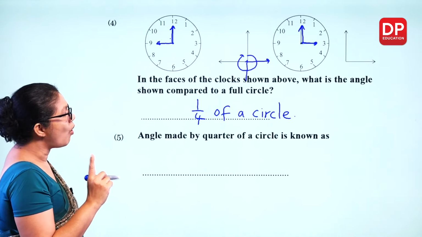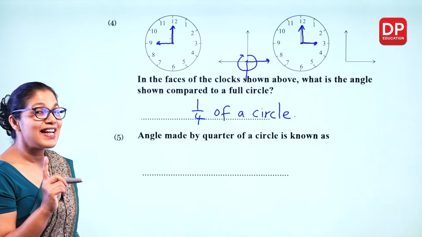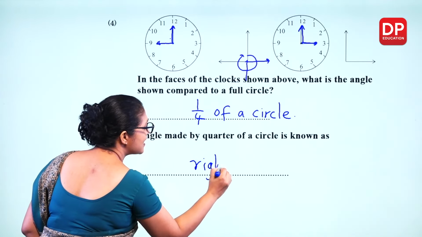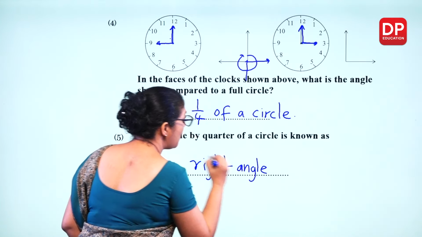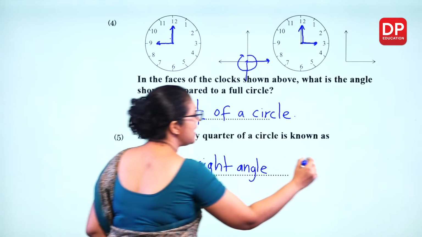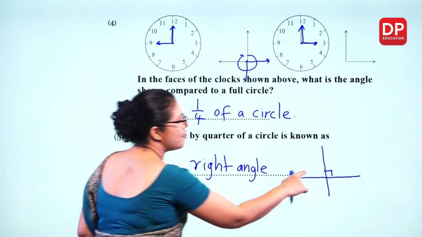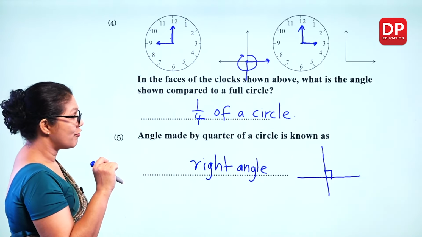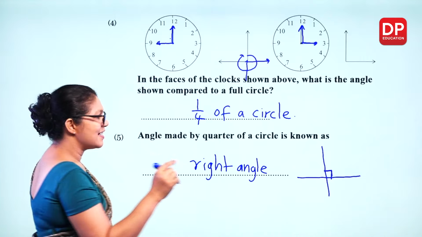The angle made by a quarter of a circle is known as, what's the name? Right angle. So we call it a right angle, and we are using a special symbol for that. Have you seen this symbol? So this means right angle. So remember that, right angle. So how many degrees?